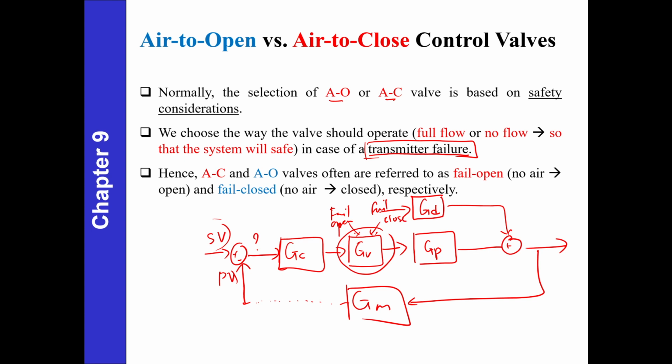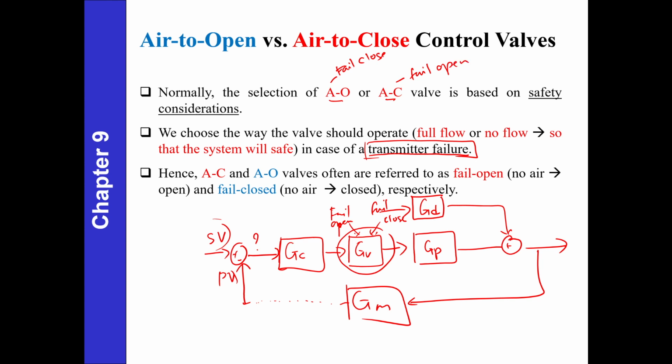Air to open: when there is compressed air, the valve will open, but when there is none, the valve will close. So this valve is also known as fail close. The other is fail open.